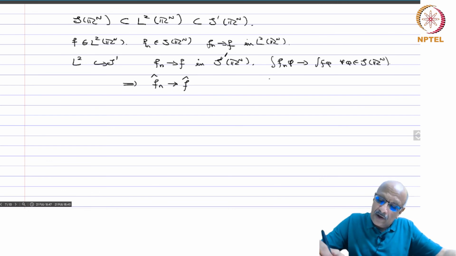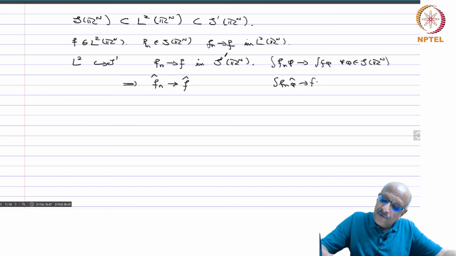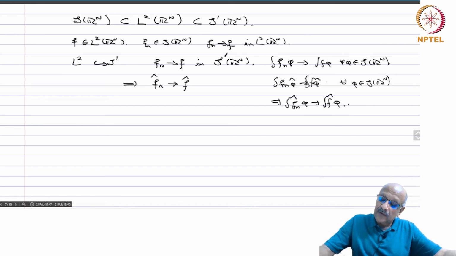You can think of Fn of phi hat going to F of phi hat for all phi in S of Rn, and this implies that the integral of Fn hat phi goes to the integral of F hat phi. So this tells you Fn hat goes to F hat in S dash of Rn.